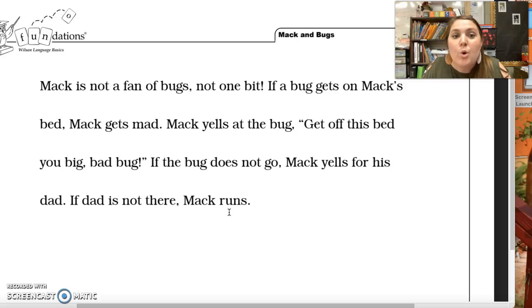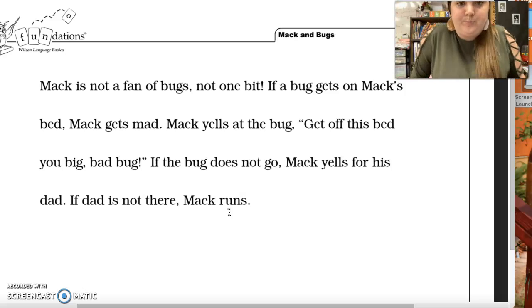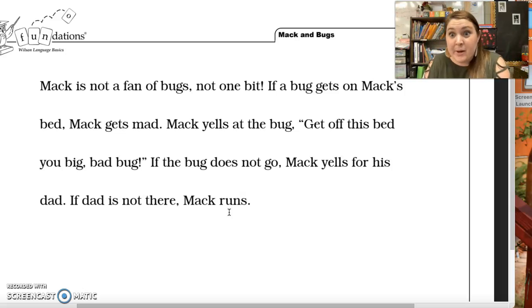All right, what happened first in the story? The bug gets on Mac's bed, right? And he gets really what? He gets super mad. Yeah. What happens in the middle of the story, or what happened next?